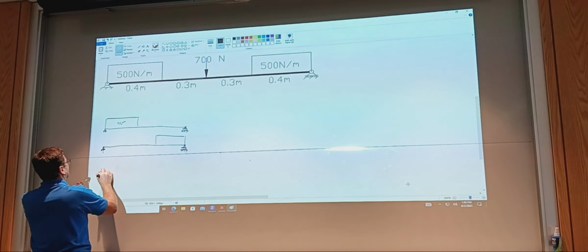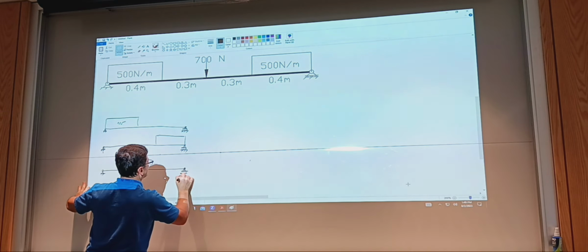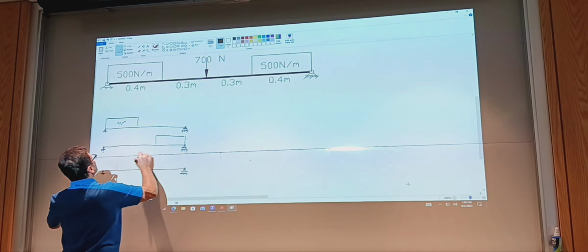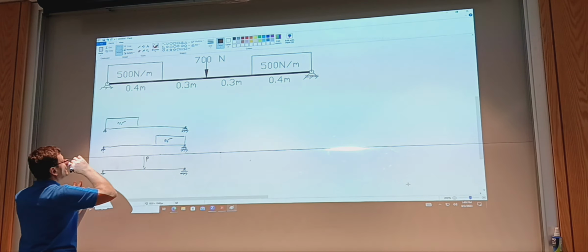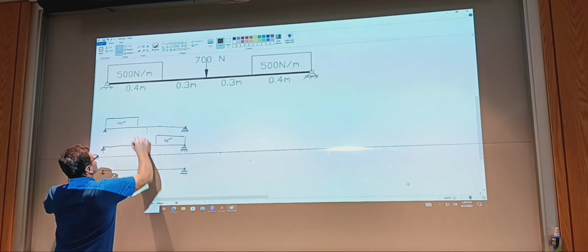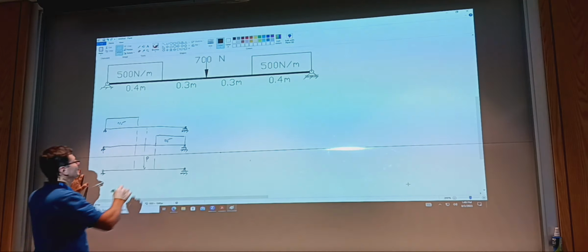And then a third case on a simply supported beam, one load in the middle with P. So W, W, and P. Does it make sense?